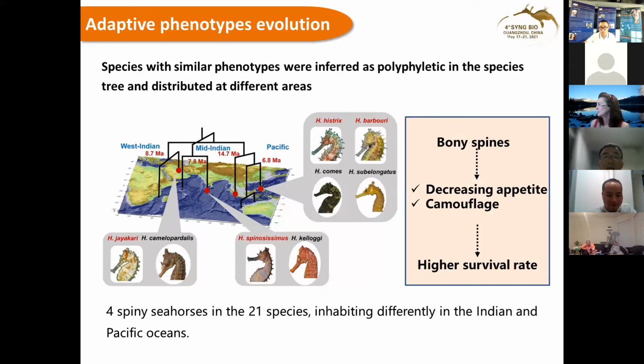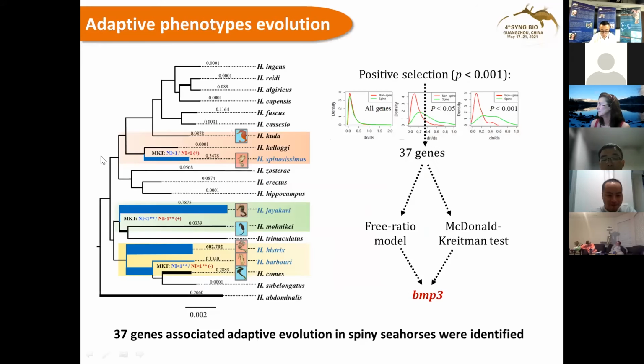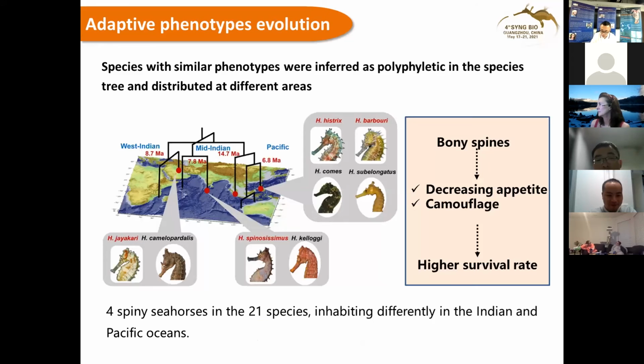And then, as we talk about adaptive phenotype evolution, here we pay attention to the spiny traits. The spines were found in 4 seahorses among the 21 species.